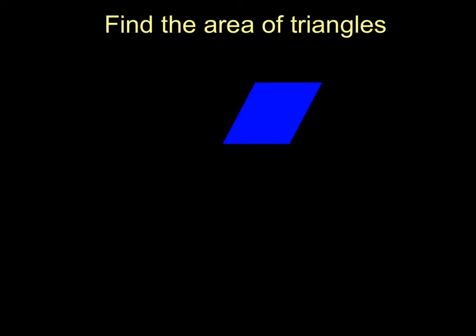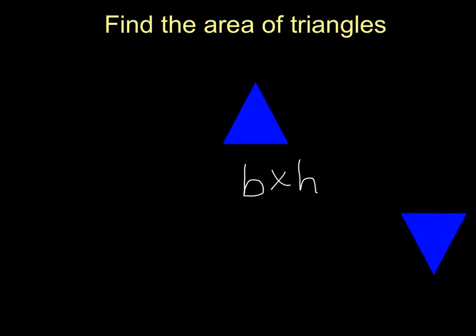Now we know from what we just learned that the area of a parallelogram is the base times the height. But keep in mind, this parallelogram is really the two triangles. So if I take that triangle away, now I'm left with my original triangle, which is half of the parallelogram.